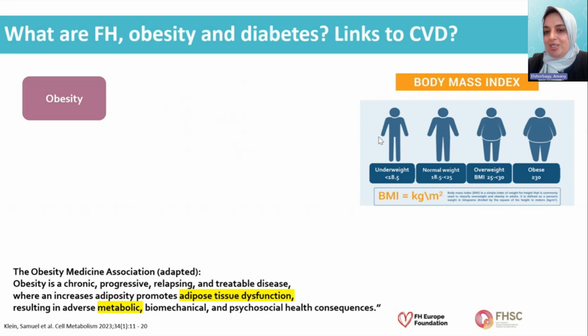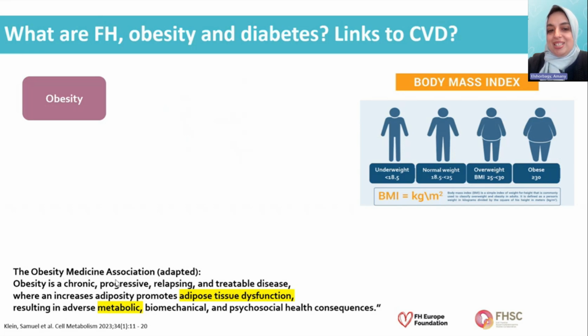It's often calculated as the weight in kilograms divided by the square of the height in meters, called the body mass index. People with a BMI of less than 18.5 are considered underweight, whereas a healthy weight is between 18.5 and 25. A BMI of 25 to 30 is overweight, and more than 30 is obese.